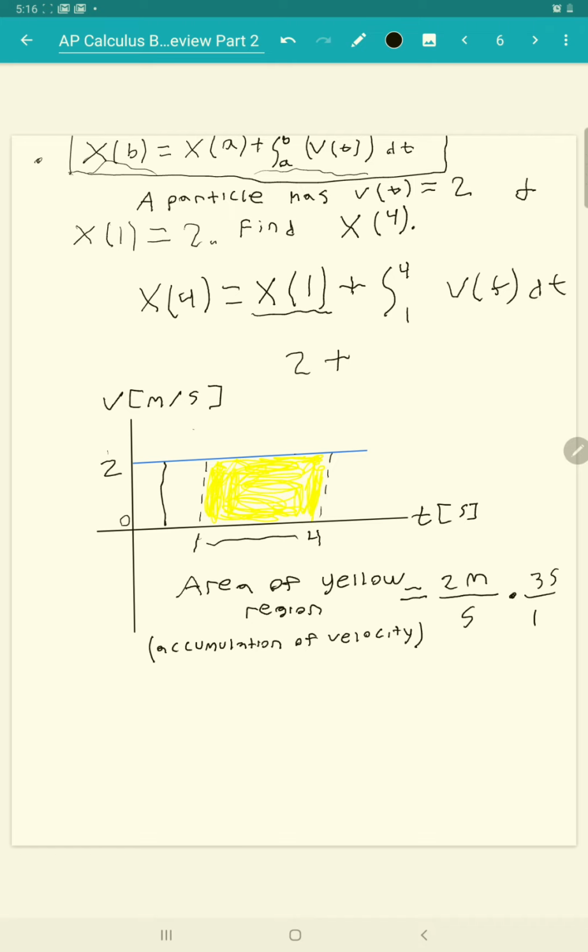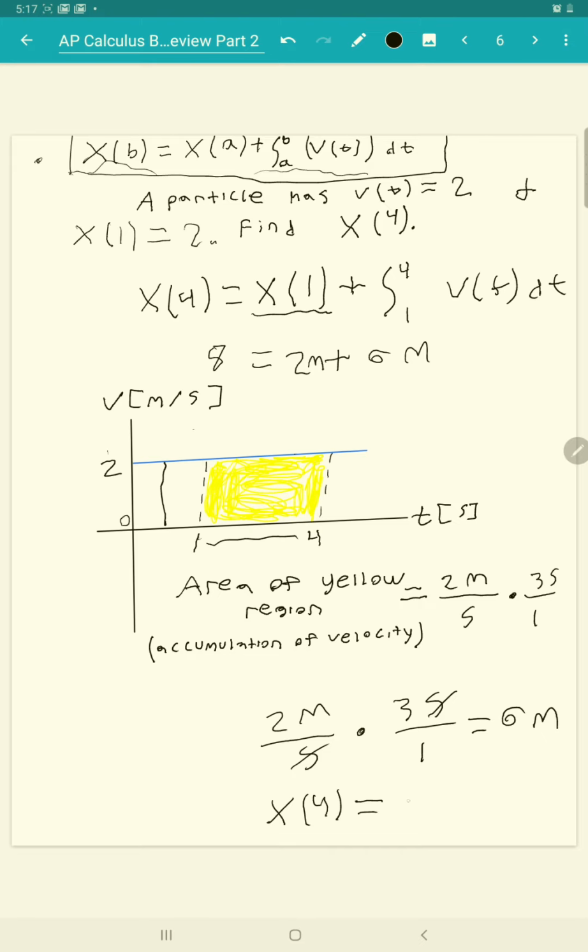We can write that over 1. So we have 2 meters per second times 3 seconds. And these seconds cancel out, so our displacement is simply 6 meters. So our position is 2 meters plus 6 meters. So x of 4 is 8 meters, or simply 8. So the answer would be x at time 4 equals 8.